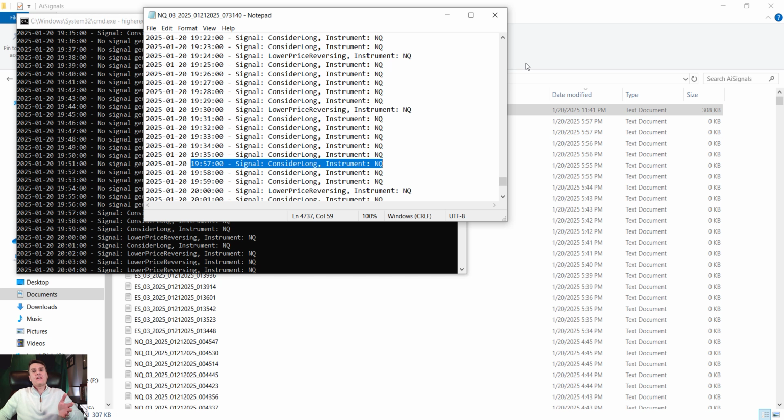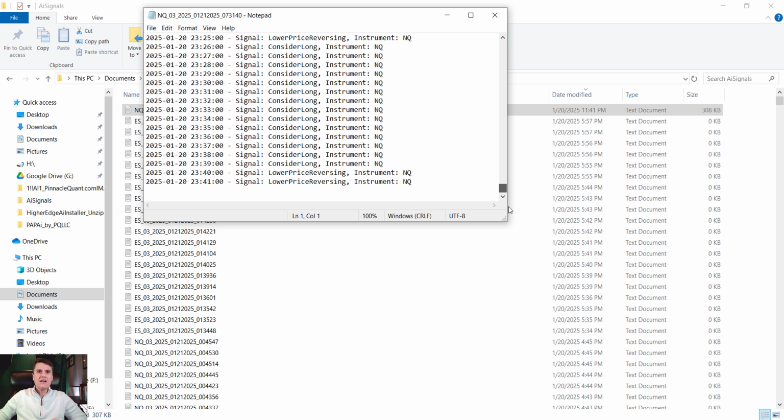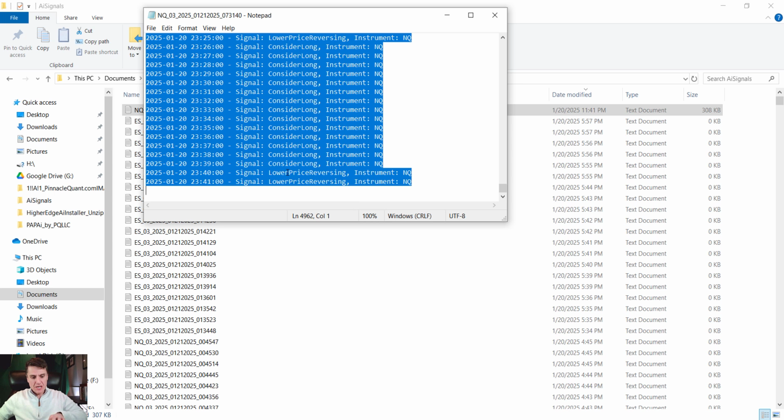Now, if I wanted to run a backtest with this, I would just look at all of the files that are there. So now all of it should be written. The way I would recommend this is don't use the TXT file that's being written to. Instead, name it to something that you can remember. Select all, Control C, grab all of that and Control V it into a new notepad.